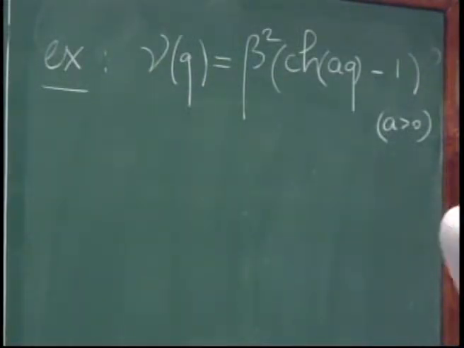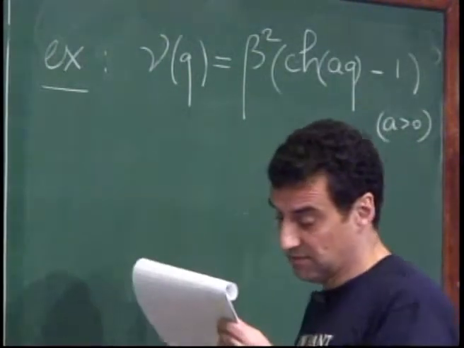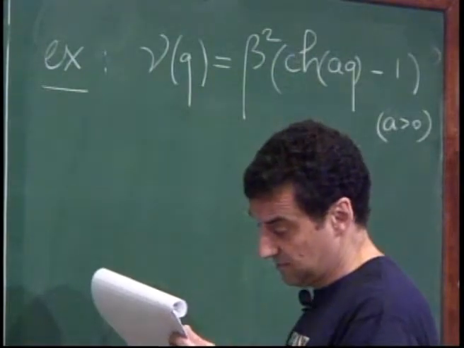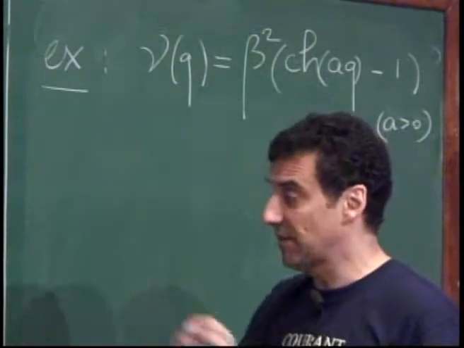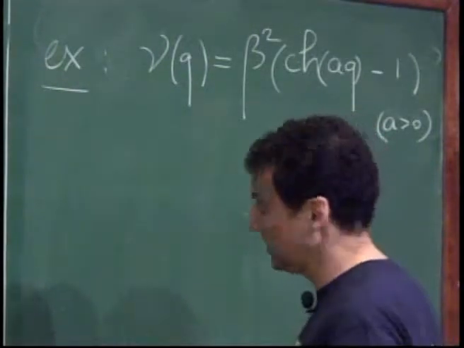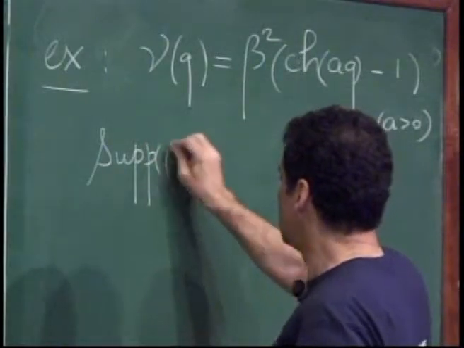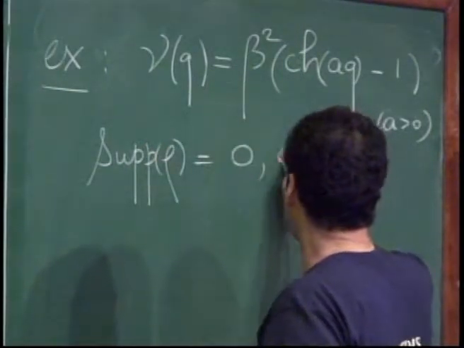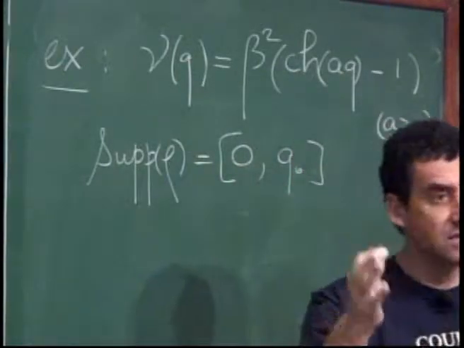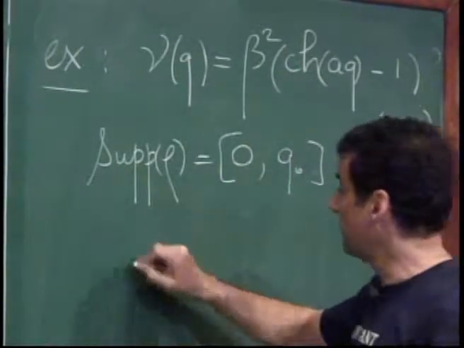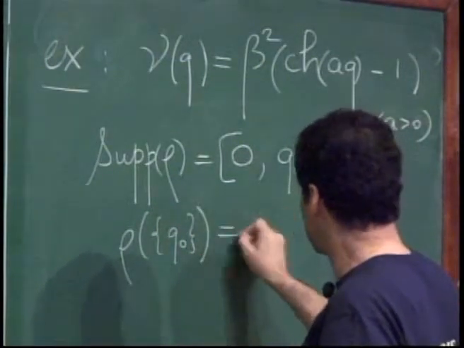In this case, he can say something about the limiting object. In particular, he says that the support of the rho in this case is an interval, say 0 to Q0, and that rho has a continuous part there. On top of that, rho of the singleton Q0 is 0.